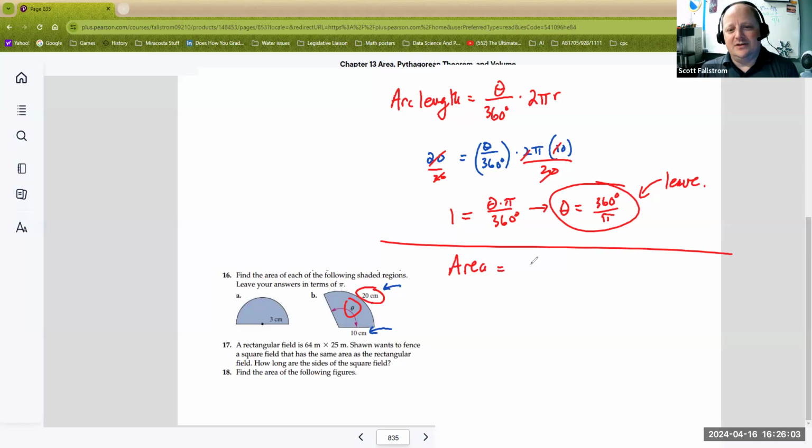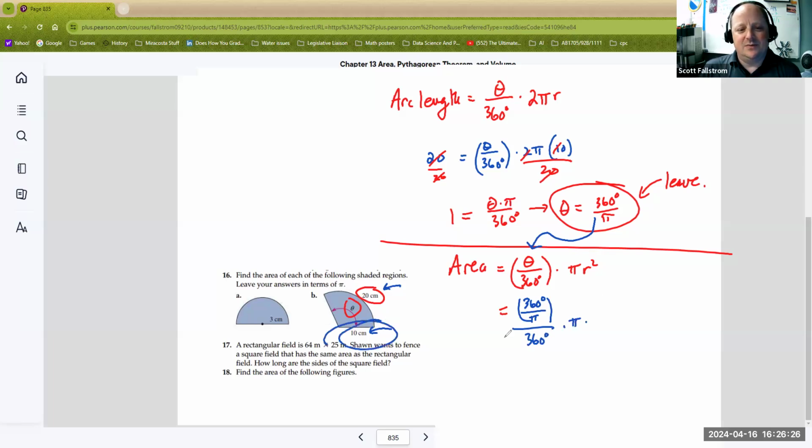The area is just a fraction of the area of the circle, which is pi r squared. Let's plug in what we know. I know theta is this right here. So I get 360 over pi, that whole thing divided by 360, times pi times the radius, and we know the radius is 10 squared, so that's 100.